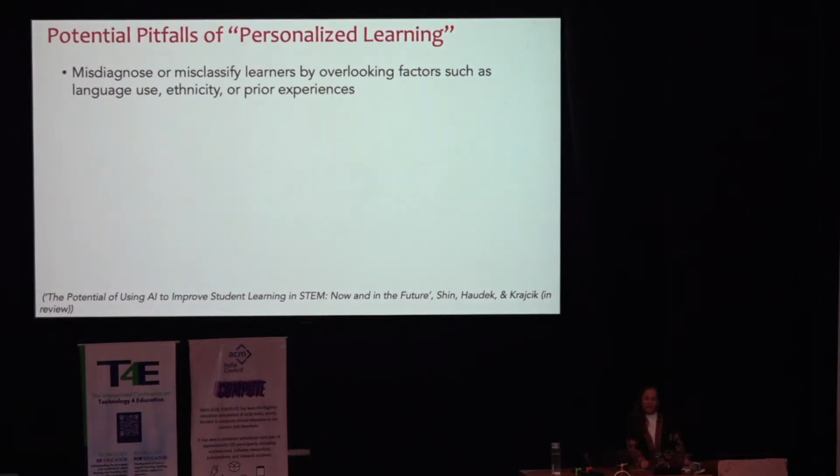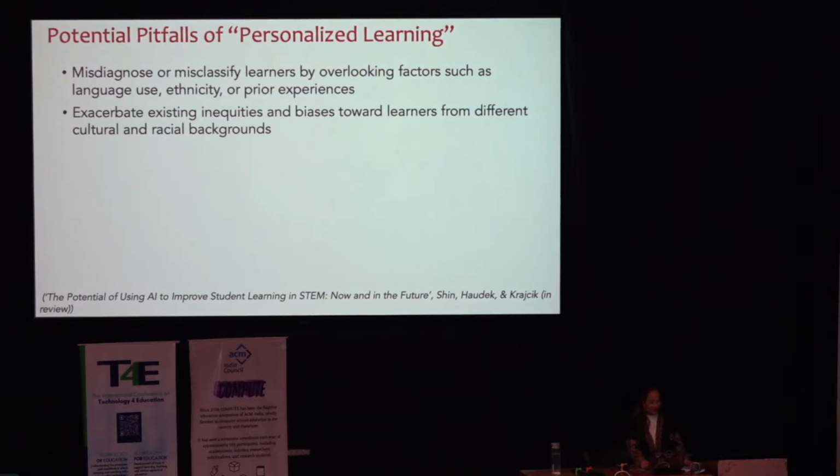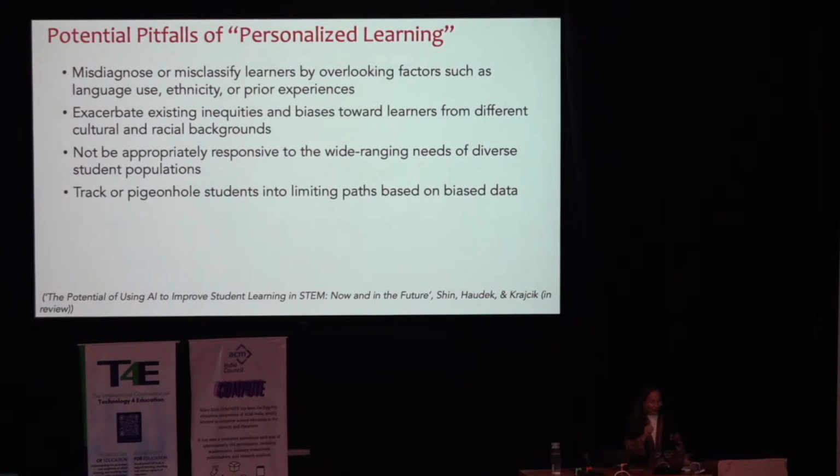ML models could misdiagnose or misclassify learners by overlooking key factors, exacerbating existing inequities and biases from different cultural and racial and linguistic backgrounds, not be appropriately responsive to a wide range of diverse needs from diverse student populations, tracking or pigeonholing students into limiting paths.